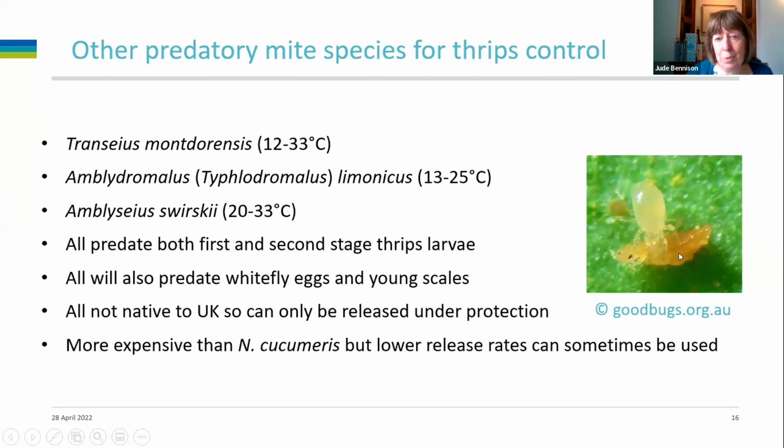So they are actually better predators than cucumeris if the temperatures are okay. And they'll also feed on whitefly eggs and young scales, so if you've got plants that have got thrips and whitefly, they can be helpful there. But none of them are native to the UK, so they can only be released under protection. And they are more expensive than cucumeris, but because they're better predators, you can sometimes get away with lower release rates.